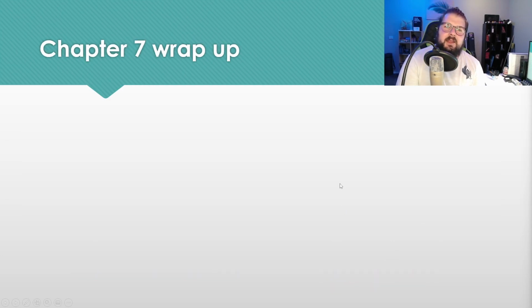Now, in terms of wrapping this chapter up, this is a very short chapter, so I'm hoping that we can get onto chapter 8 very soon, start getting into some more in-depth stuff. So let's wrap this up. So in chapter 7, we're just getting used to using our inventory cards to record movements of inventory in and out.